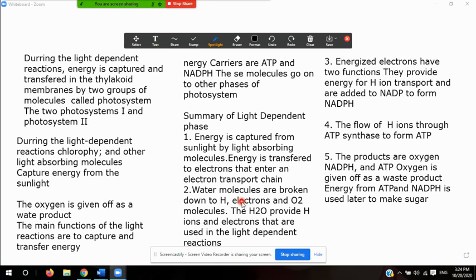The second step is that the water molecules are broken down into hydrogen, electrons, and oxygen molecules. The water provides hydrogen ions and electrons that are used in the light-dependent reaction. So the water breaks down, oxygen is released into the atmosphere, and the hydrogen ions are moved across a concentration gradient to the thylakoids so that they can turn NADP into NADPH and make the process go all over again.